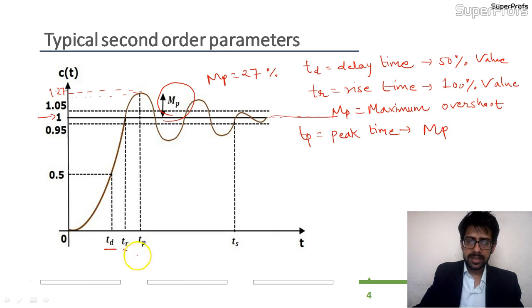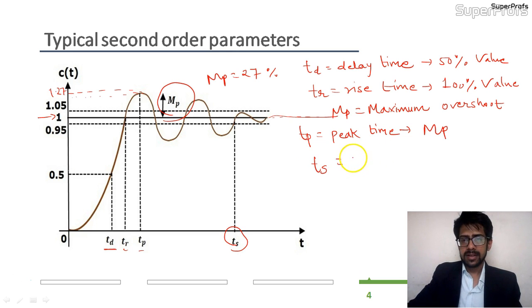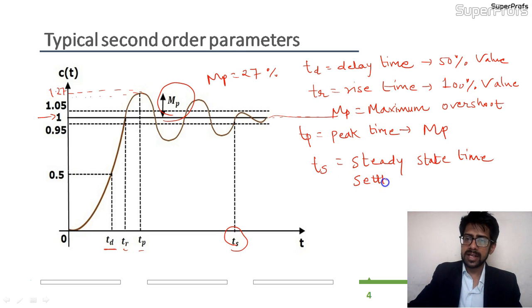Then you can see there is a parameter known as TS. TS is nothing but steady state time, or known as settling time. Settling time for an output is a more commonly used term. What is a settling time?